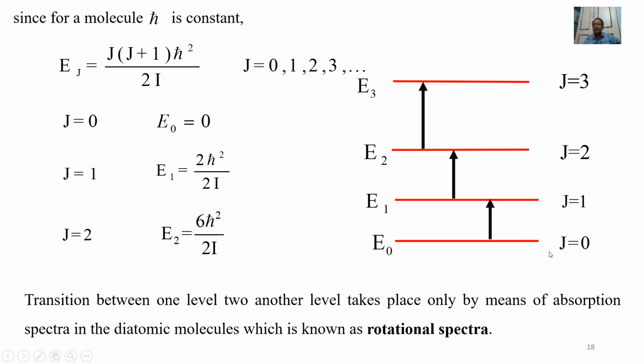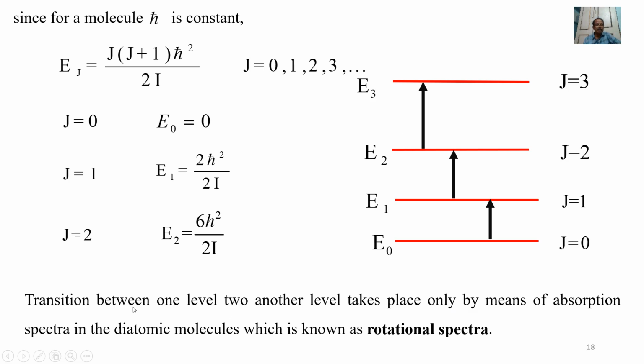For J equal to 0, E0 is the ground state. For the first excited state, that is the transition from the ground state to the first level, it absorbs the energy from the external photon and rises to the first level. So J equal to 1 gives us E1, and similarly for the second step and the third step, it gives us E2, E3.